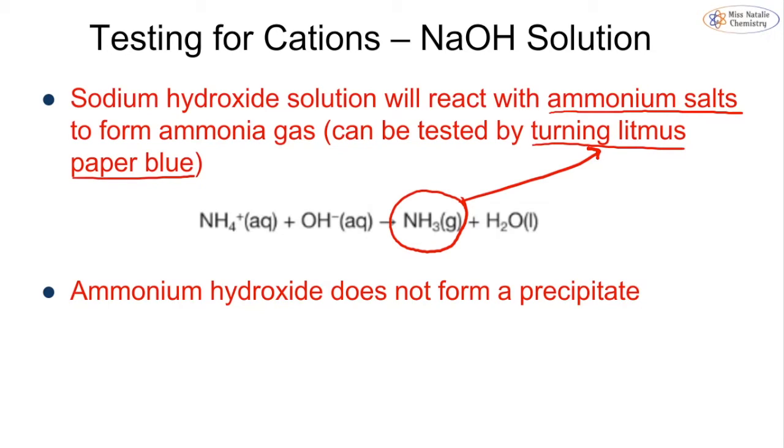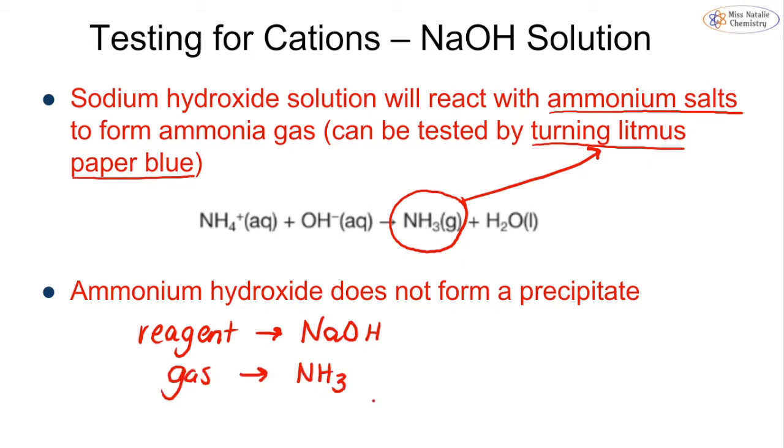So this one is just slightly different. Whenever you're talking about this test, you have to say the reagent that is added, which is the NaOH. You have to say the gas that is formed, which is NH3 or ammonia.